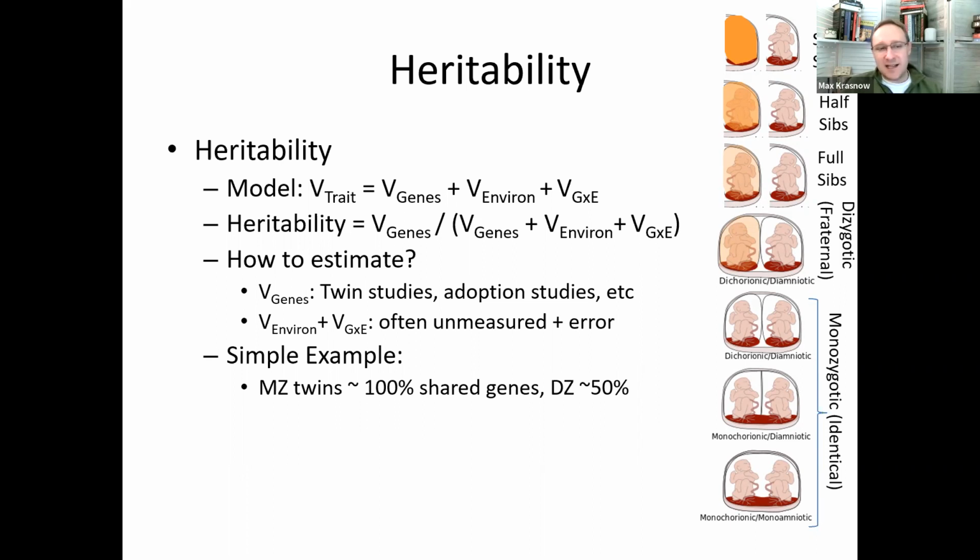Say that you ran a study where you compared the similarity of monozygotic twins to each other and dizygotic twins to each other for some trait, like, say, intelligence. And you found that when one twin was very smart, their monozygotic twin was also very smart, that there was a high relationship between the intelligence of one monozygotic twin with his co-twin, but that having that same intelligence didn't predict quite as much for the dizygotic twin.